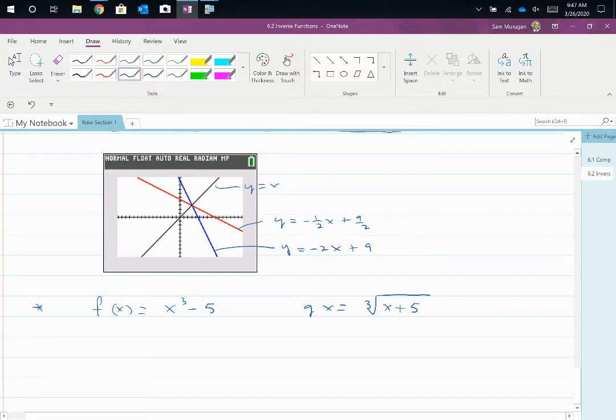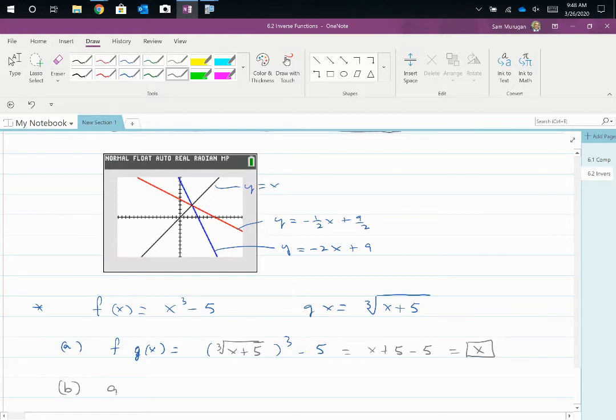So f composed of g of x is the f function, cubed minus 5, and into this we tack the g function, which is x plus 5. And we know that the cube and the cube root go away to give x plus 5 minus 5, which is equal to x.